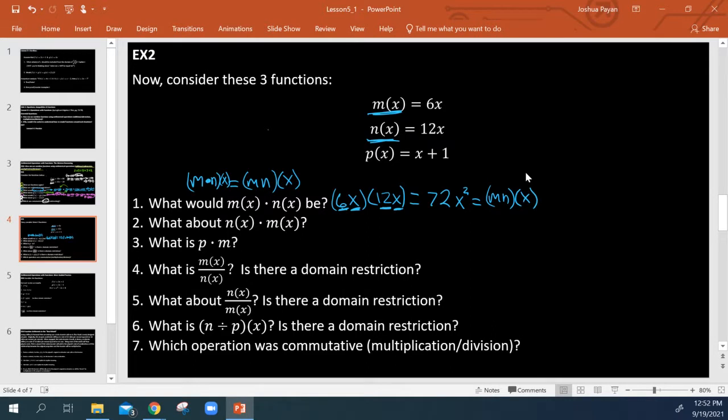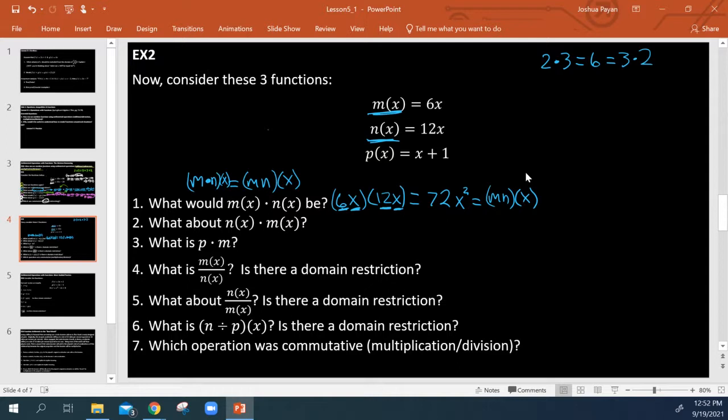What about the other way around? Again, we see the commutative property at play here. 2 times 3 equals 6, but it's also true to say it the other way around: 3 times 2 also equals 6. So the commutative property applies to both addition and multiplication, because multiplication is the same thing as adding. It's just a shortcut for it, right?